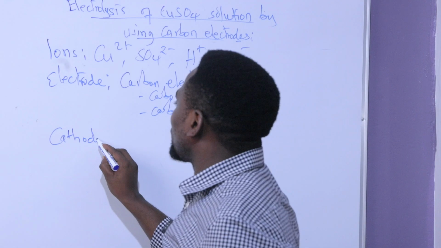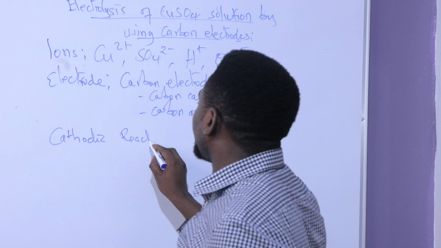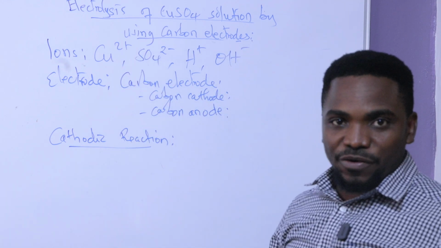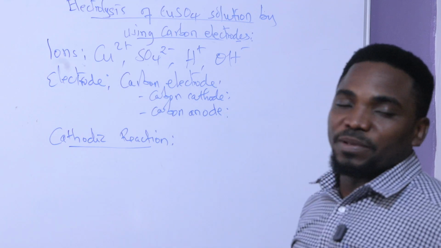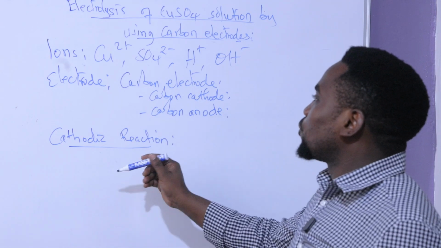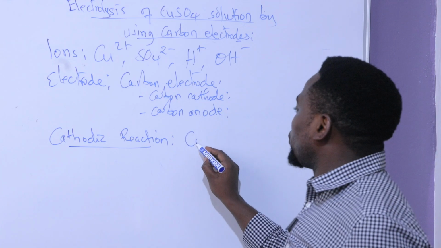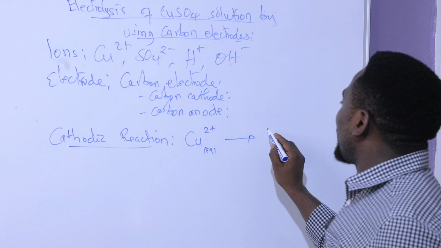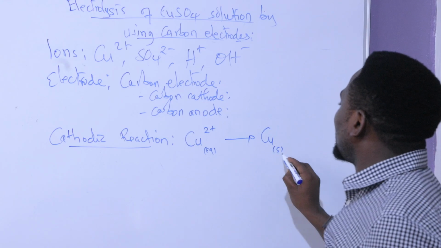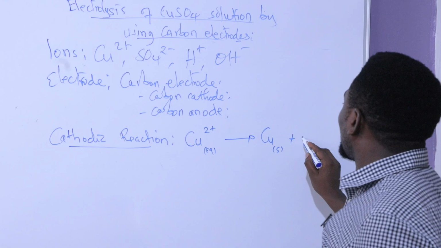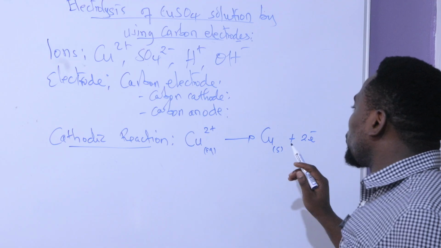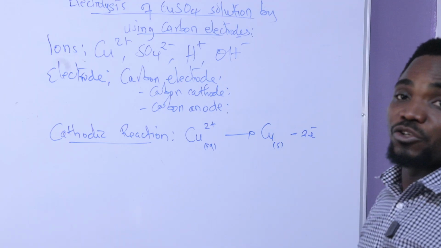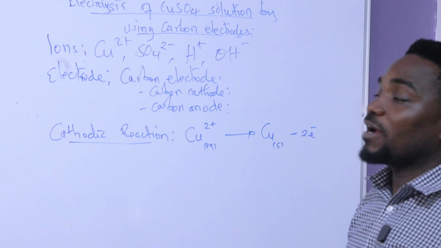So we agree that copper will be preferentially discharged. So its equation becomes Cu2+ (aq) gives Cu (s) and minus 2 electrons. Sorry, it's plus 2 electrons. So this is what happens at the cathode.